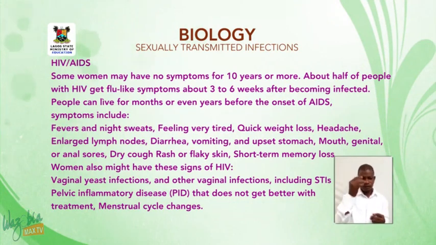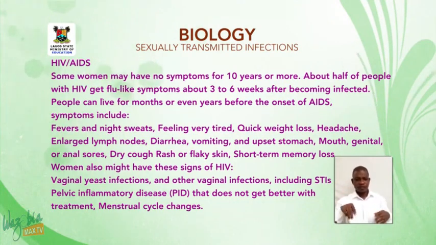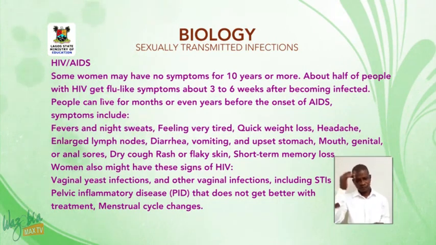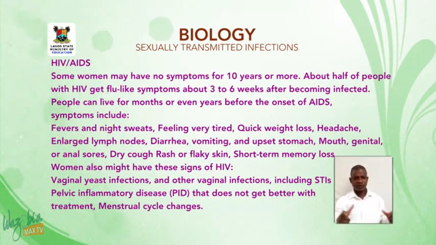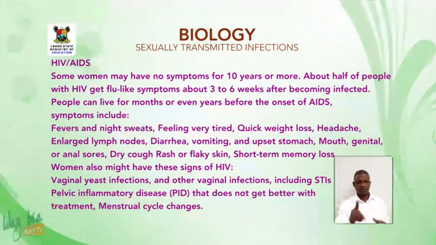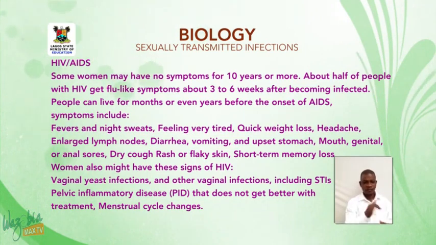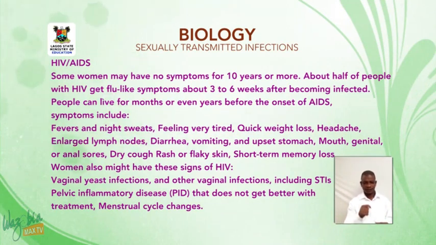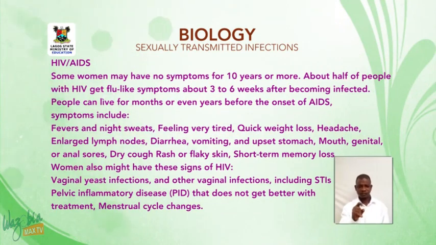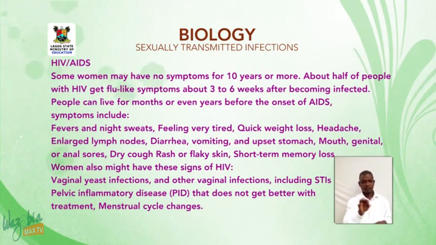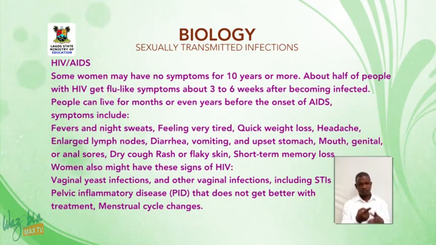Symptoms include fever and night sweats, feeling very tired, quick weight loss, headache, enlarged lymph nodes, diarrhea, vomiting and upset stomach, mouth, genital or anal sores, dry cough, rash or flaky skin, short-term memory loss.